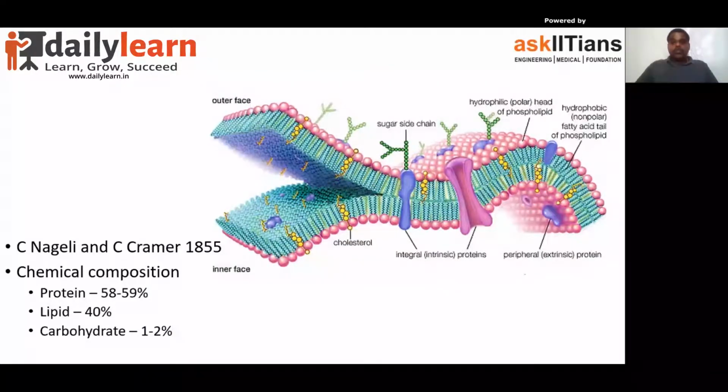The most important thing here is that the lipid is not present just as lipids. It is in the form of phospholipids, where a phosphate molecule is present on top. There are also trace amounts of carbohydrate present in the plasma membrane.